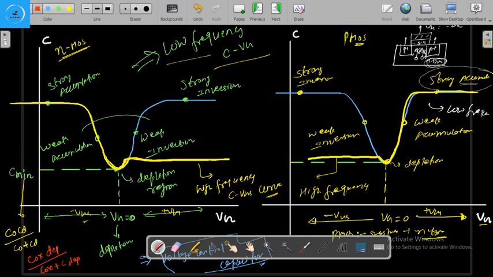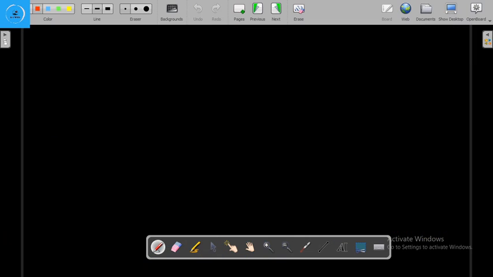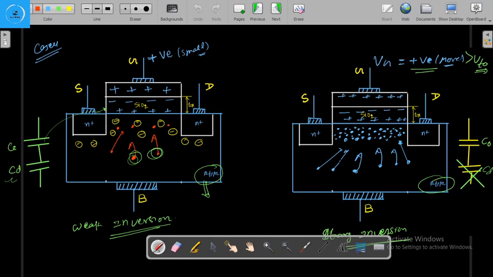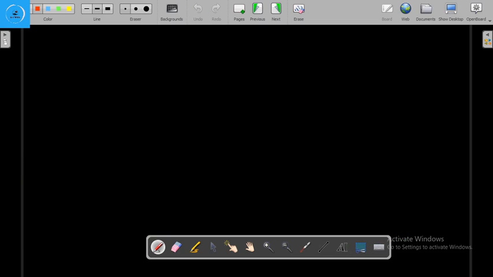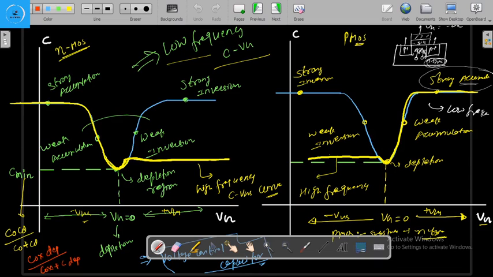Right, and what will be the maximum capacitance? The maximum capacitance is nothing but the CO. In the strong accumulation region as well as in the strong inversion region, only the gate oxide capacitance will exist, the depletion capacitance will not exist, and hence the maximum capacitance is nothing but the COX or CO. So C maximum will be equal to CO, or we can say COX.